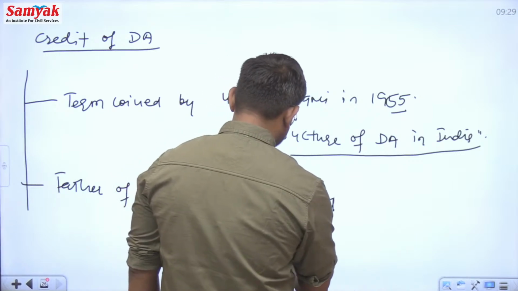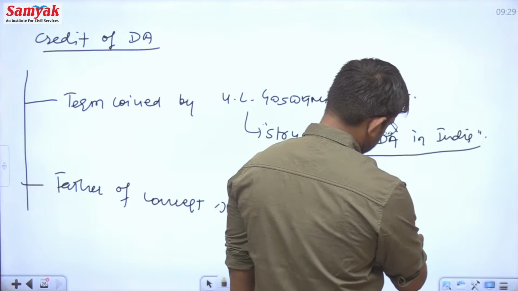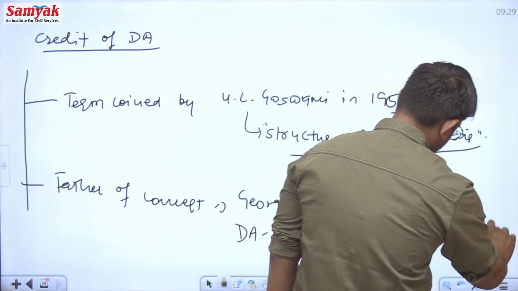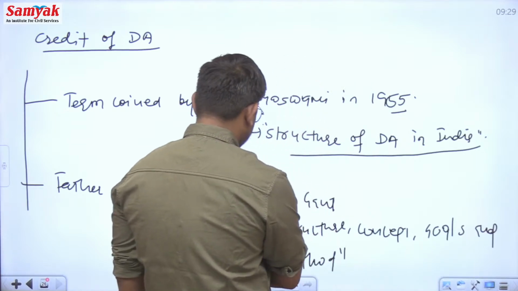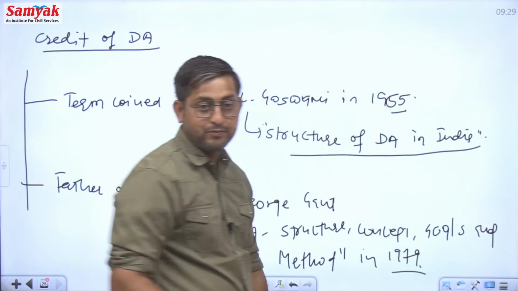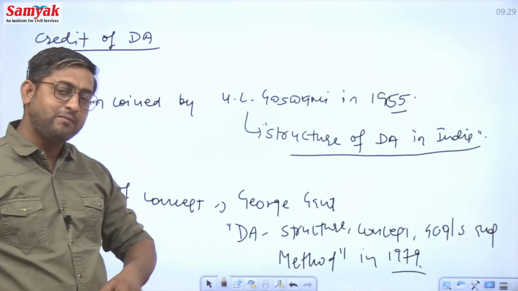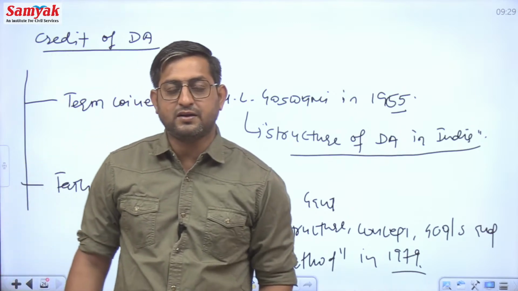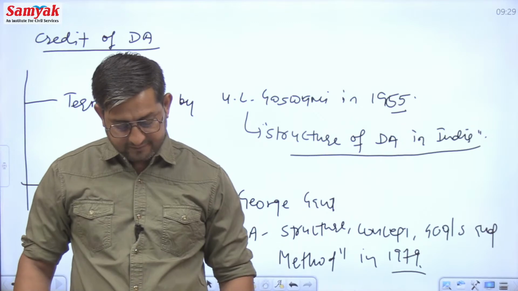DA, Structure, Concepts, Goals and Methods. So this was the name of the book in 1979. He wrote that book in 1979. So the term was coined by an Indian. The name of the Indian is the UL Goswami, and overall the academic structure of the subject or the academic structure of the topic was decided by the George Gant.